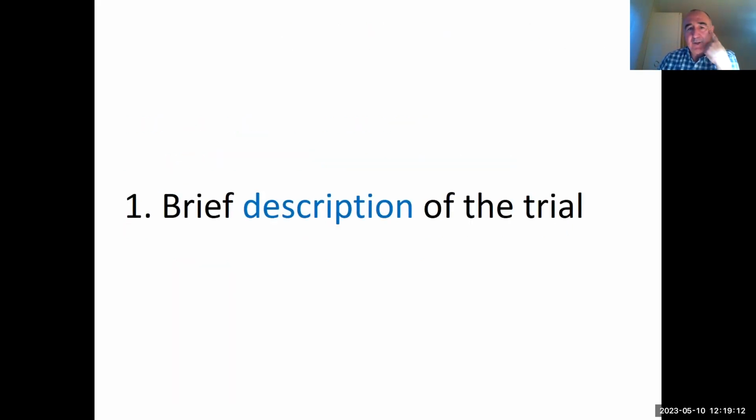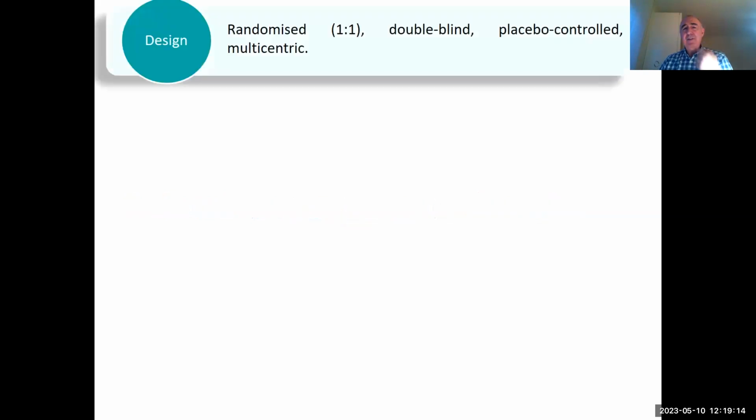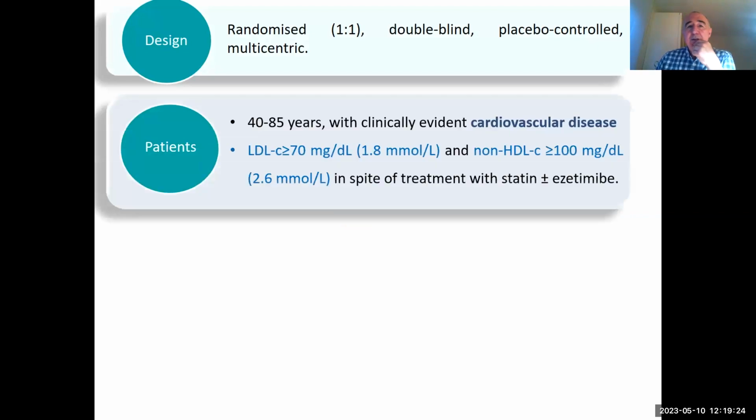So let's go through the description of the trial. This was the typical trial, double-blind, placebo-controlled, multicentric, that was carried out in a population aged 40 to 85 years with evident cardiovascular disease, with so-called high cholesterol levels, in spite of treatment with statins, with or without ezetimibe.